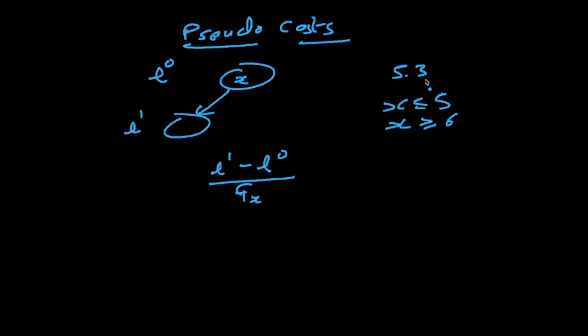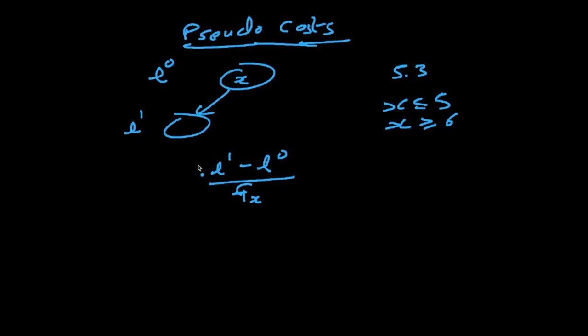In this branch we moved x by 0.3, and in the other branch we moved x by 0.7. So in this branch, fx will be 0.3, and in the other branch it will be 0.7, right? So per unit movement of x, how much gain in the LP objective we are observing, that's the statistic we are going to maintain, and that's basically pseudocost.